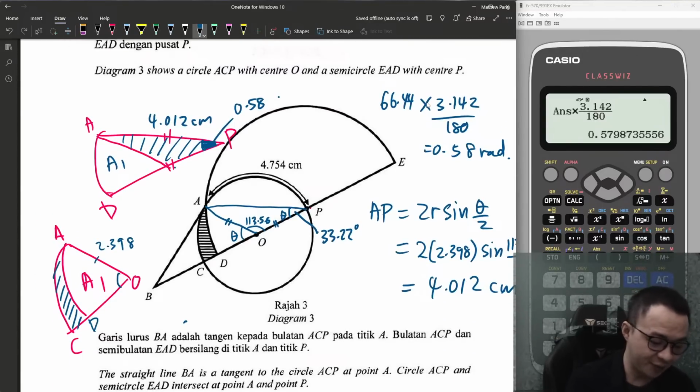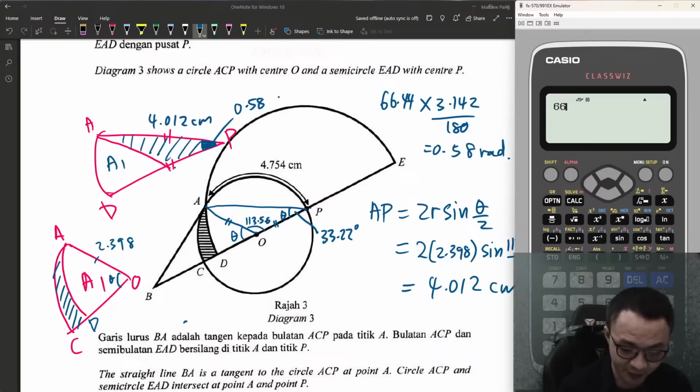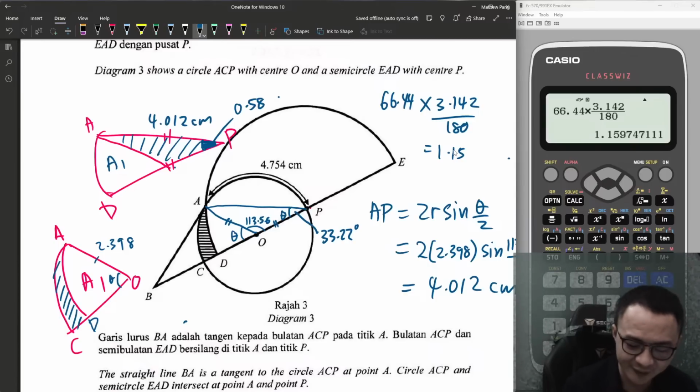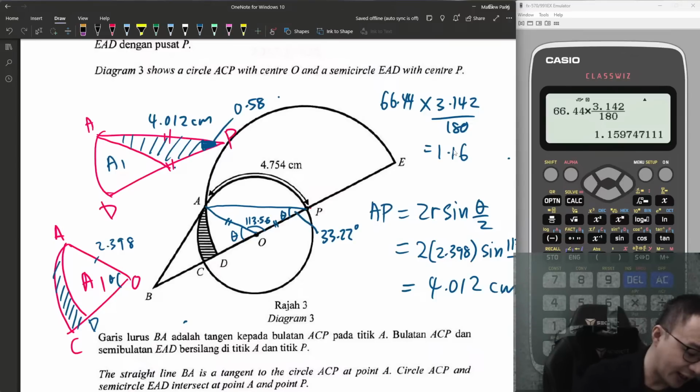Because I want to find this angle as well, 66.44 multiply 3.142 over 180. So this one should be 1.1597, 1.16. So I got the angle for this sector also, 1.16.